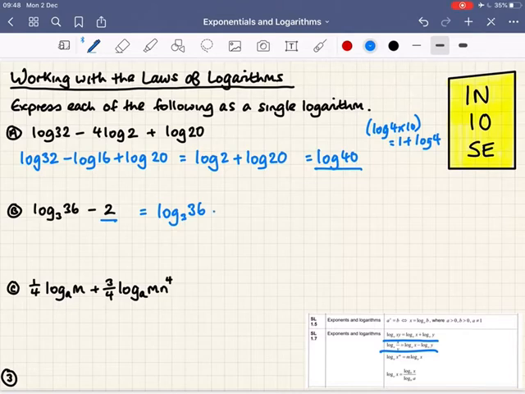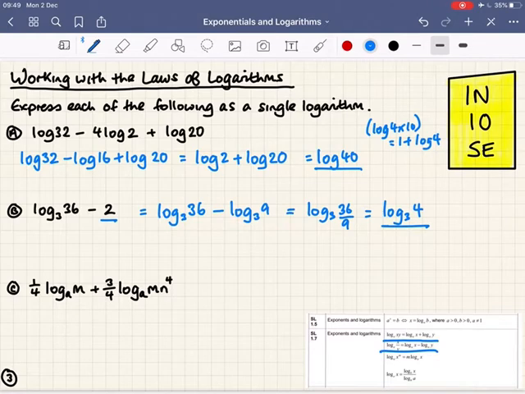So 2 is equivalent to log to base 3 of 9. Hopefully you can see that, because when I raise 3 to the power of that 2, I get 9. That's the link between the numbers. And then I can just use the second underlined law there to bring these two together. This is log to base 3 of 36 over 9, which is log to base 3 of 4. Nice and straightforward.